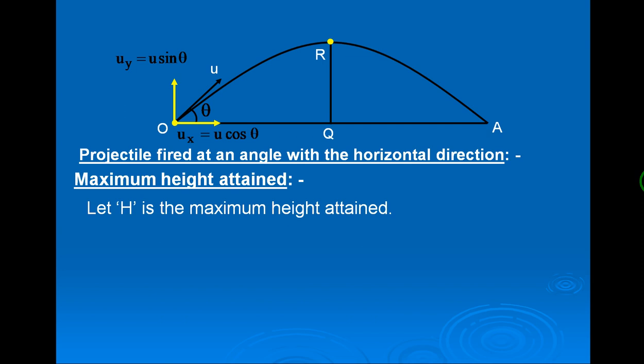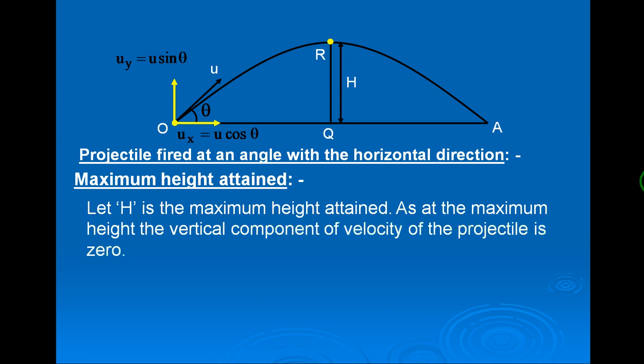So at the highest position, the vertical component of velocity is 0. Let the maximum height attained, QR, be equal to capital H.